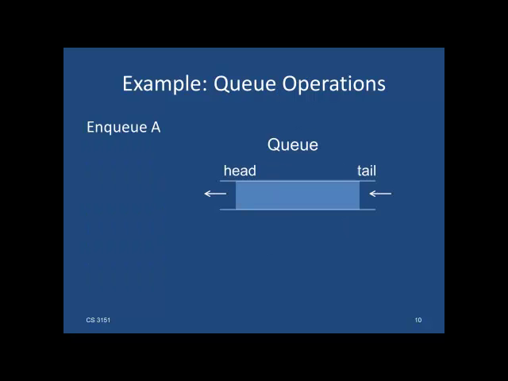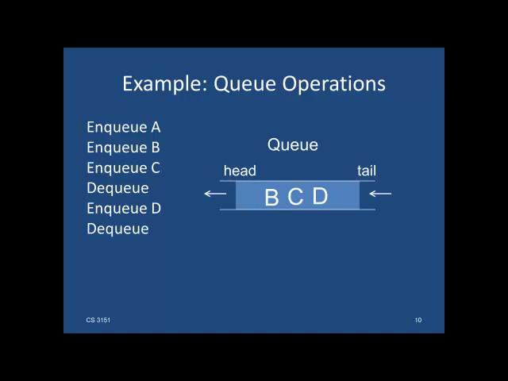We enqueue A, we enqueue B, we enqueue C, then dequeue removes A, we enqueue D, dequeue removes B, peek returns C, dequeue removes C, and finally dequeue removes D.